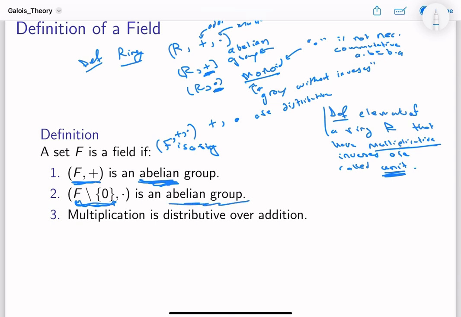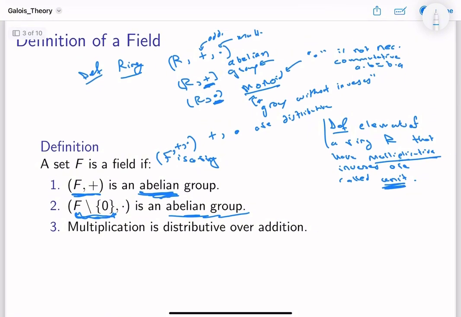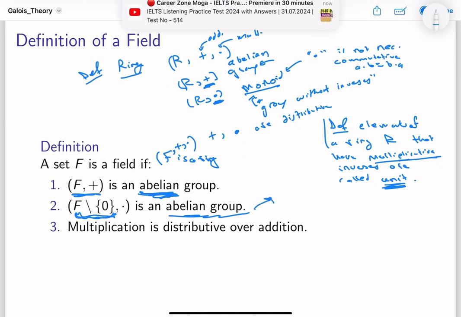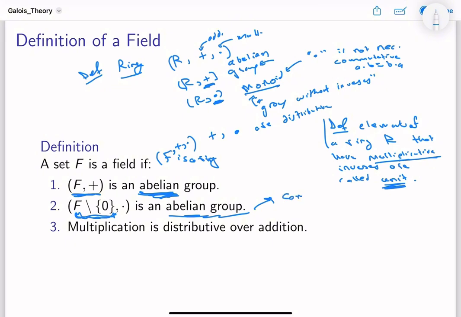And this is a very important thing, because this is actually saying two additional things that a ring doesn't have. Well, the first thing it's saying is that it's a commutative ring, meaning it's an abelian group over multiplication.